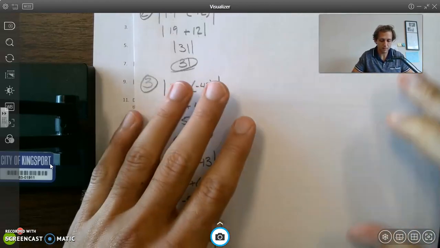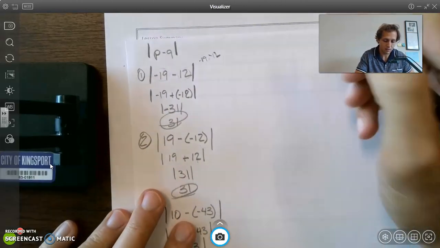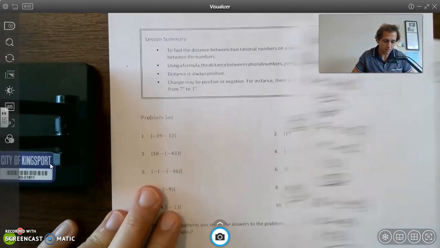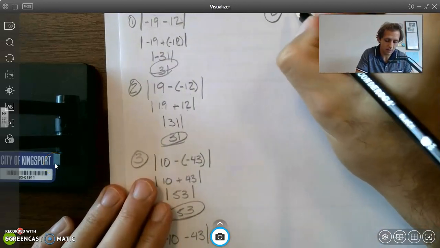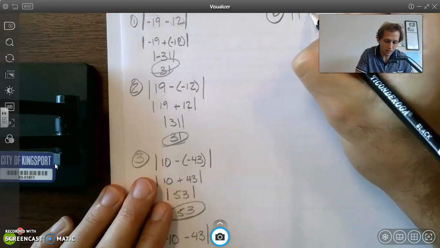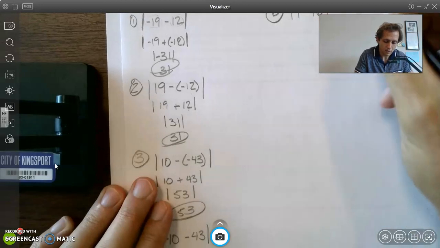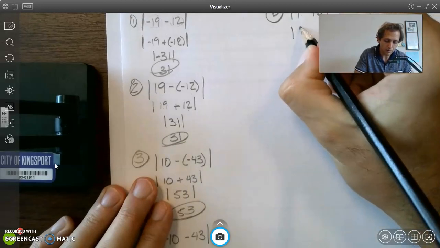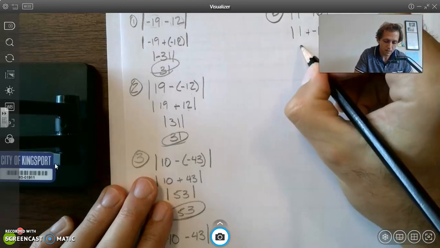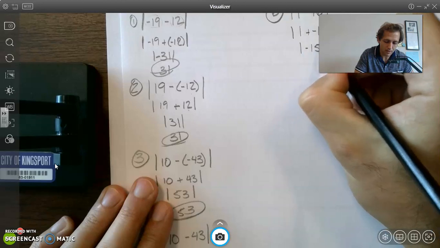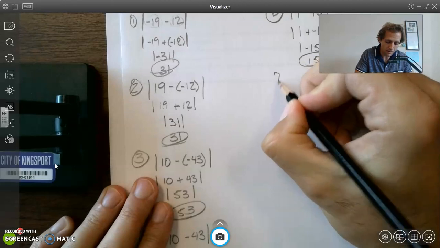Number 6. Let's go to the top of the paper here. Number 6 is the absolute value of 1 minus 16. That would be the absolute value of 1 plus negative 16, which is the absolute value of negative 15, which is 15. Number 7.